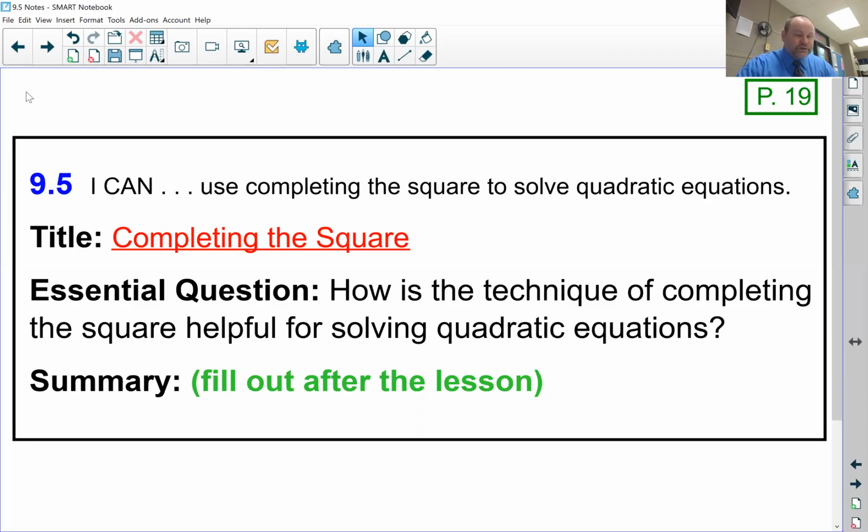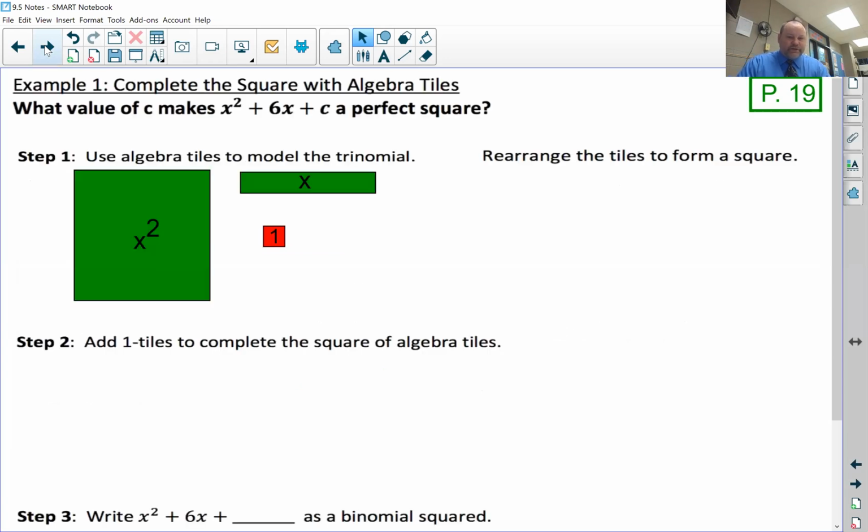All right, so here's what algebra tiles look like. So mine are labeled x squared, x, and 1. So it says use algebra tiles to model the trinomial. So I need 6 of these x tiles.